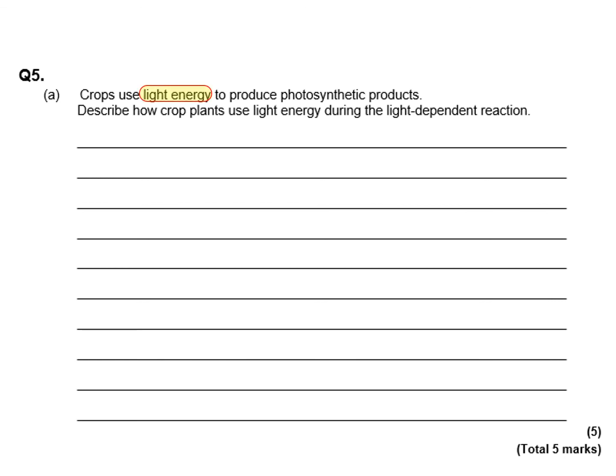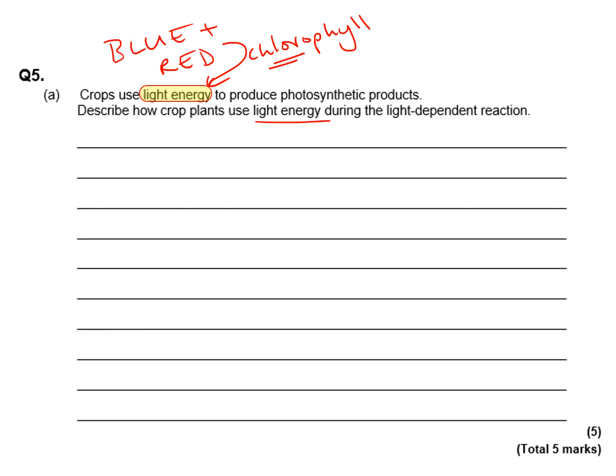So light energy we know, so it's blue light and red light, and they are absorbed by chlorophyll. We know green light is reflected by chlorophyll, so that's not going to be used in photosynthesis. Okay. Describe how crop plants use the light energy during the LDR reactions.